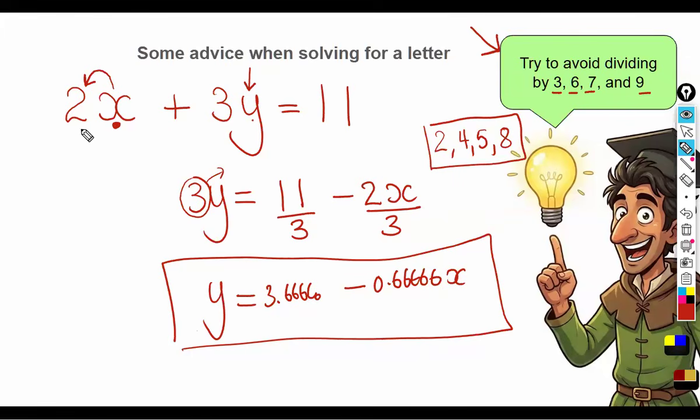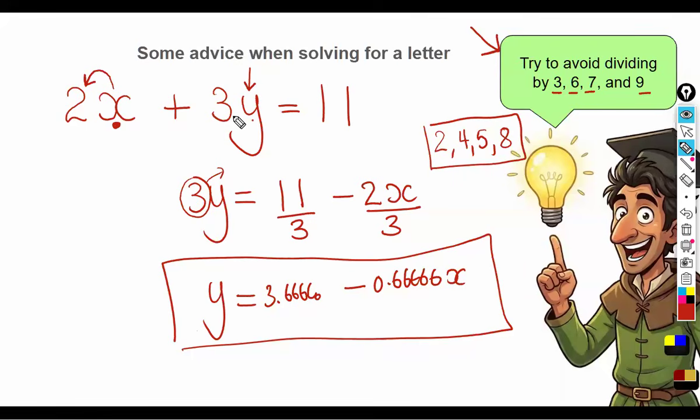So when you're given the X and Y questions today, ask yourself which letter has the nice number or the nicer number. And always, if X has the nicer number touching it, make that one the subject. If Y happens to have the nicer number, make that one the subject. If both of them have nice numbers, choose anyone to make the subject.